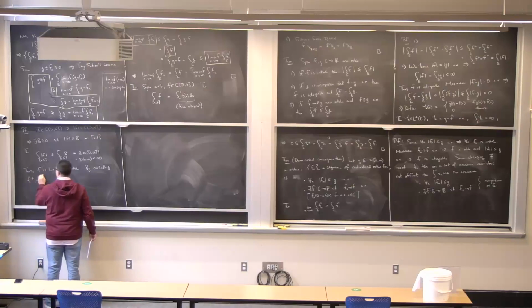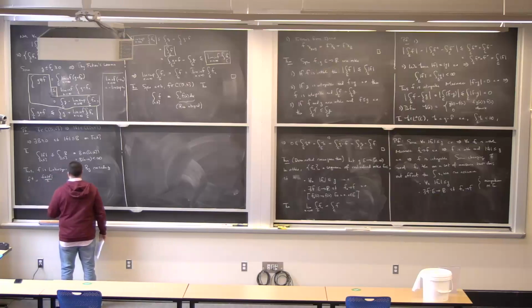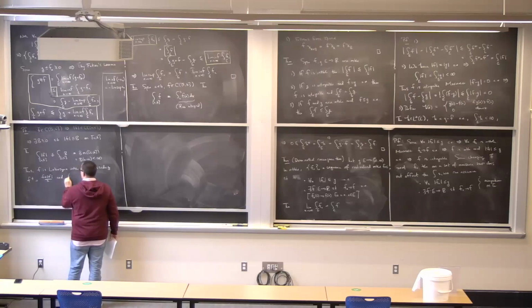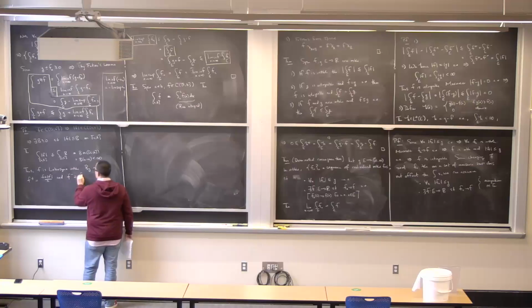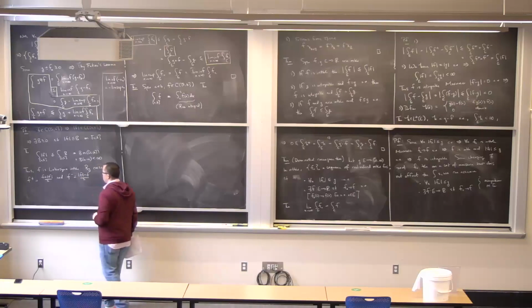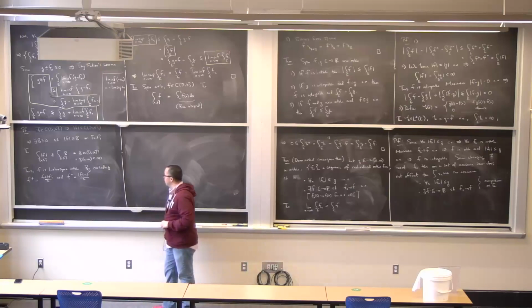F plus is equal to, let's see. So these are the positive and negative parts written slightly differently.